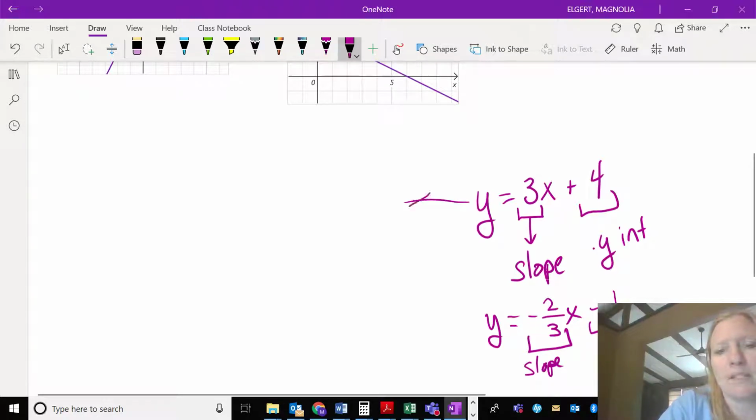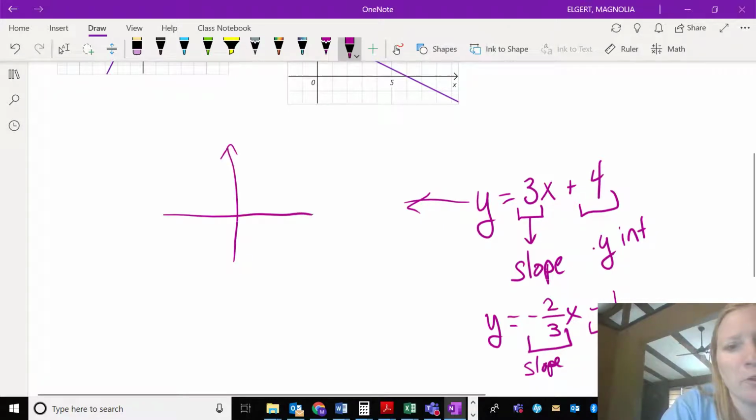So if I'm going to go back up to this one, if I wanted to graph that, I would start at 4. So remember, I'd go up 4. 1, 2, 3, 4. That's my y-intercept. And then my slope is up 3. So 3 up, 1, 2, 3, and then 1 to the right.